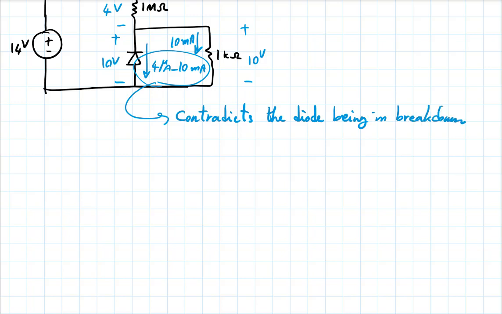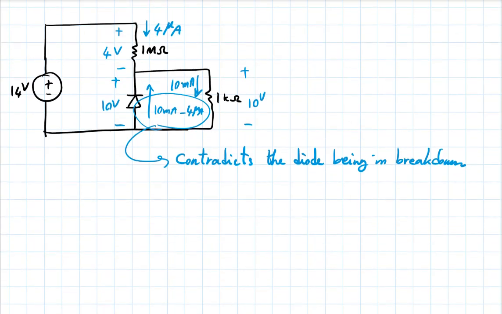Because the current is actually the other way, you might say. So it's actually 10 milliamps minus 4 microamps in that direction, which is in contradiction with the diode being in breakdown.